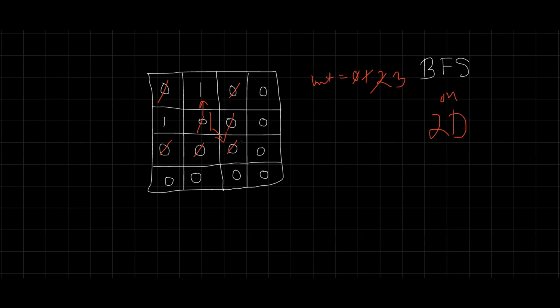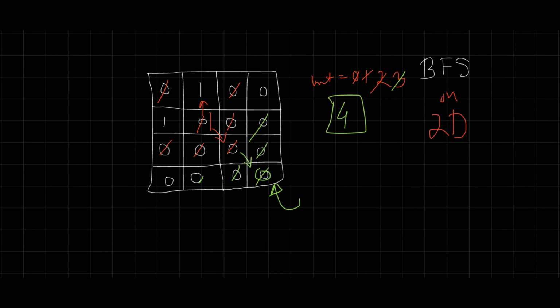So from this position 0, we will visit this, this, and this. So here, currently we are at this position 0. So now let's make the level 4. As this position 0 is the bottom right corner, we have to simply return the level, which is 4. So here the algorithm is pretty simple.